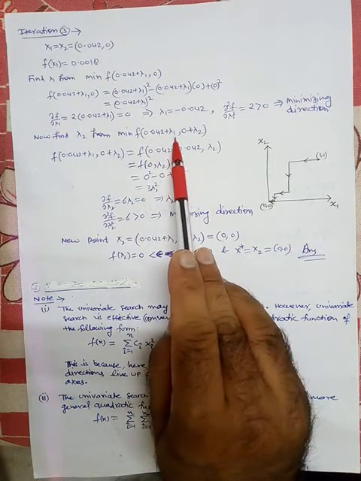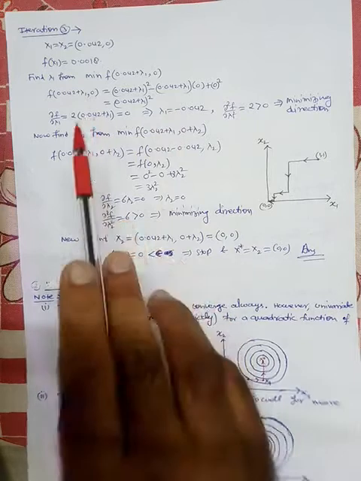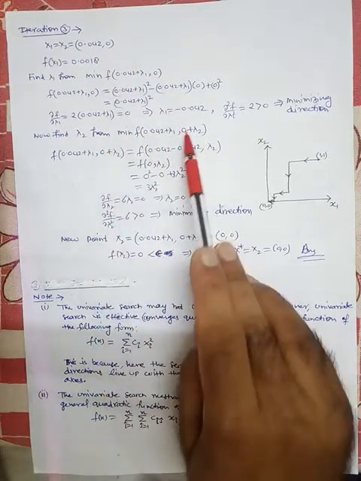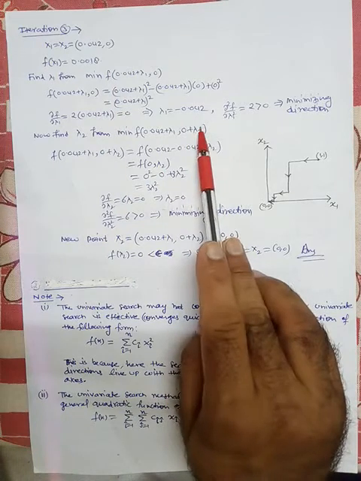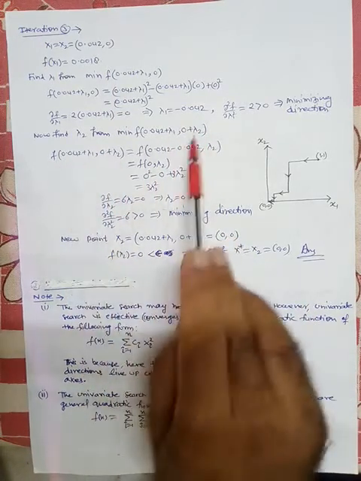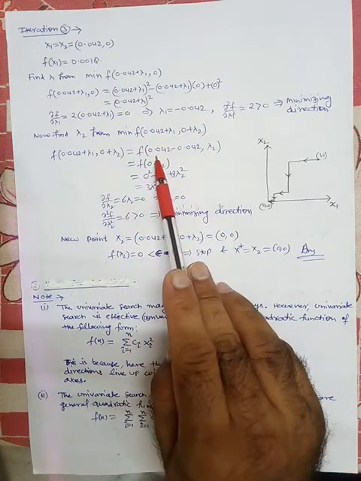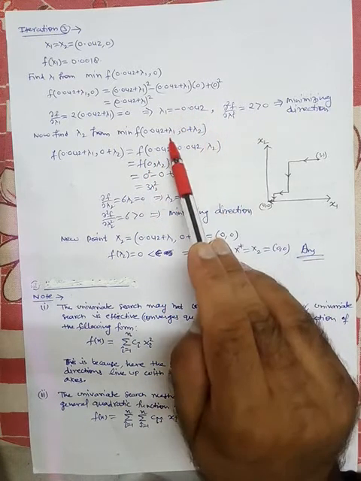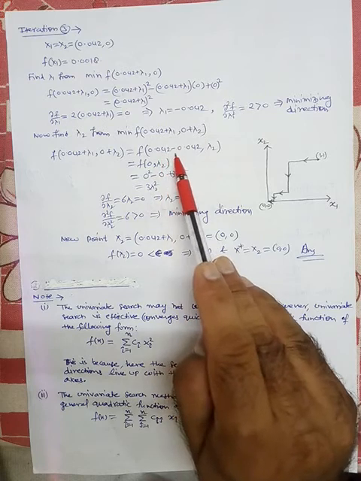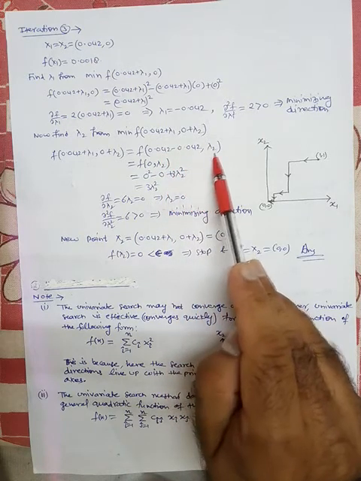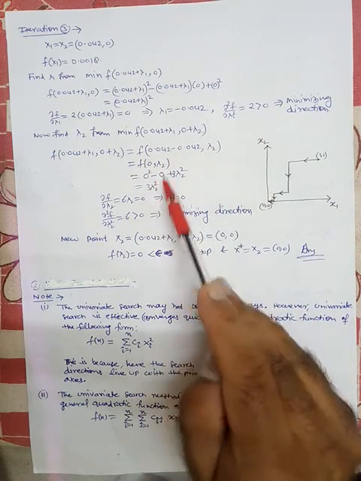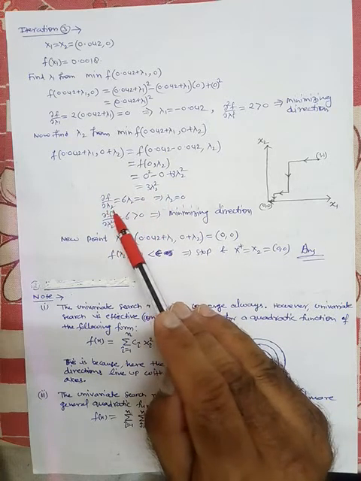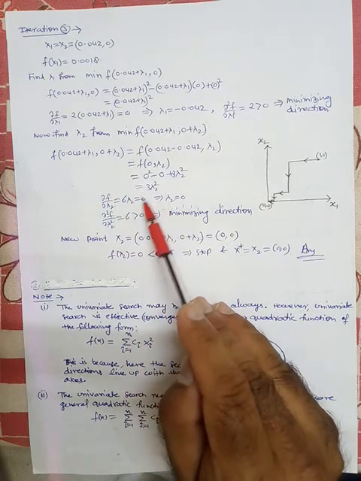Okay. Now find lambda 2 from the minimum of f of 0.042 plus lambda 1, this value is the same, and here is 0 plus lambda 2. So f at this point, with 0.042 minus 0.042 and lambda 2, is f of 0 lambda 2, that means 3 lambda 2 whole square. Now del f by del lambda 2 is 6 lambda 2, and put it 0.